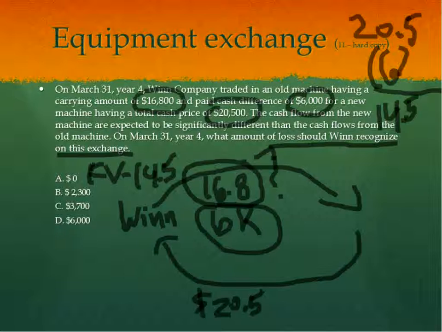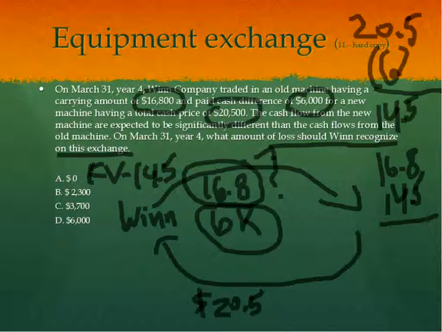Now, if we have something that's on the books at 16.8 and something whose fair value is 14.5, right? The idea is, listen, it's like I'm holding something that's worth 14.5, but it's on the books at 16.8. Now we triggered an exchange, so we have to account for this difference now.